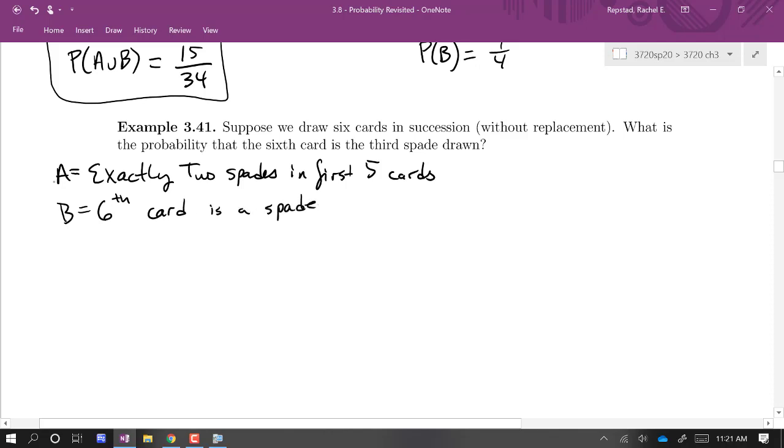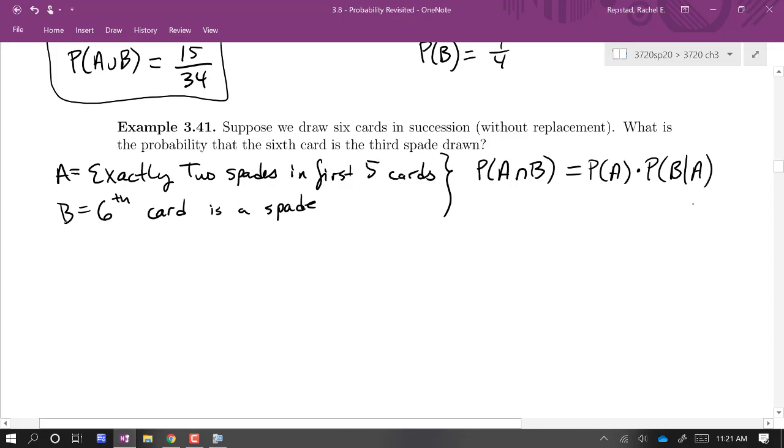With these events defined in this way, what we want is the probability of A intersect B. We want both A and B to happen. So this is what we're looking for. And we know that we can find the probability of the intersection by taking the probability of A and multiplying it by the probability of B given that A has occurred.